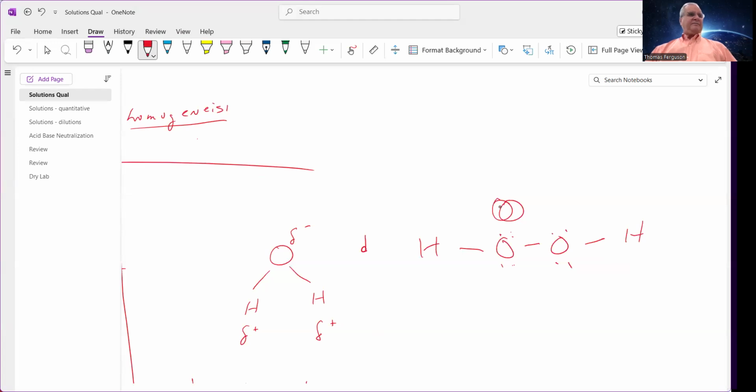You can only buy like 5% or something like that. It's very dilute with water. And this is an oxidizing agent. That means it oxidizes something. That's why it makes things white. That's why it kills bacteria. It destroys bacteria. That's why they used to put hydrogen peroxide on cuts and bruises and wounds. They don't do that anymore.